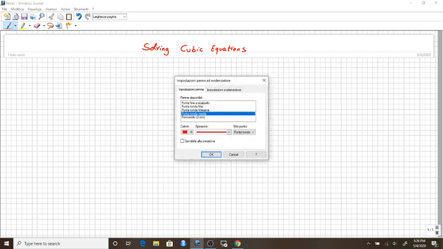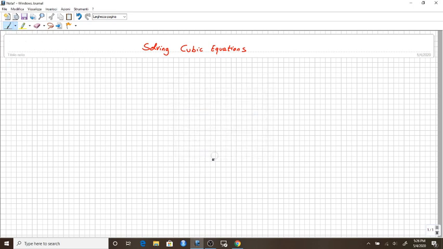Now, in reality, there is a formula you can use to solve a cubic equation. We know that there is a formula that you can always use for quadratic equations, and there is one for cubic, but in reality, nobody really uses it because it's a very long formula.